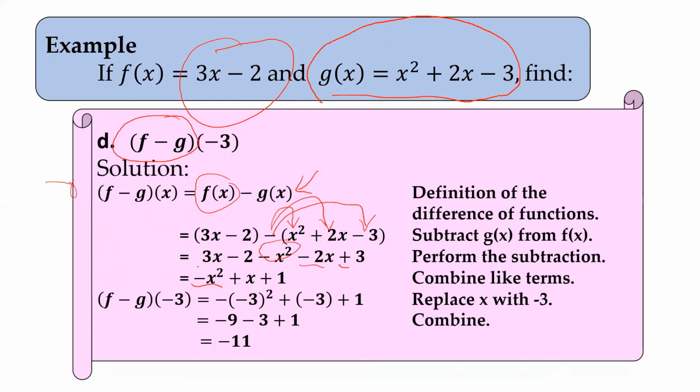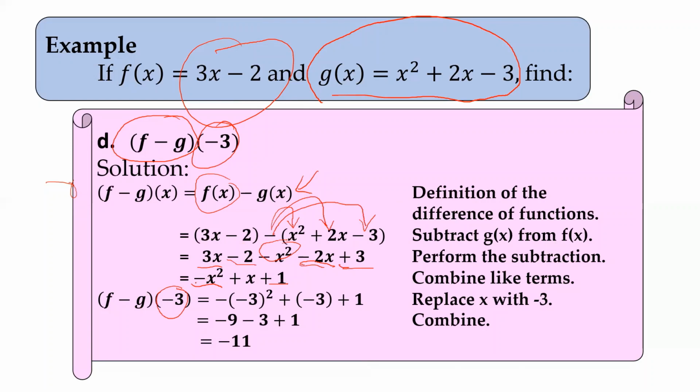And then, combine 3x with negative 2x would give you plus x na lang. And then, negative 2 plus 3, that would give you positive 1. So, therefore, kapag negative 3 na ang ilalagay natin dyan, so f minus g of negative 3 is equal to, ito yung papalitan natin.